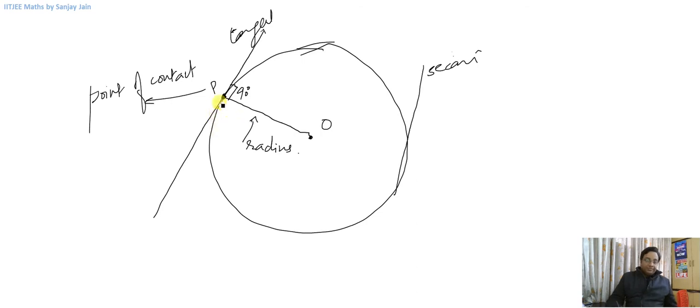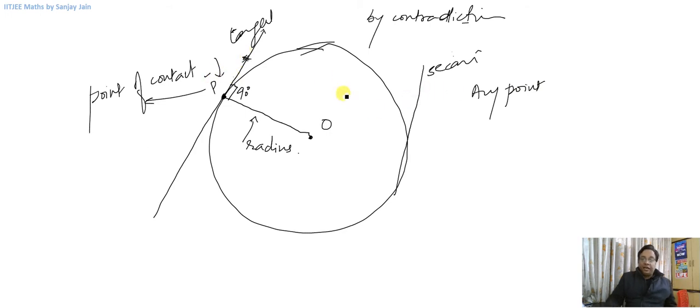All right. Now, how to prove it? You can prove it by contradiction, or you can understand it like this. Any point on this tangent apart from point P will lie outside the circle. For example, if I talk about this point P1 here, this will lie outside the circle.